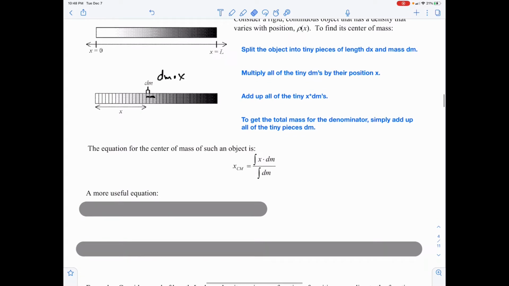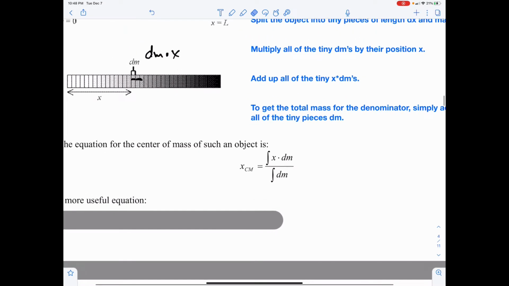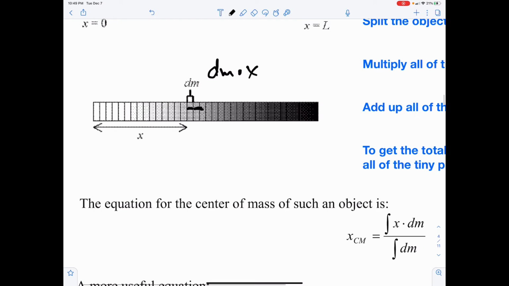And so here's what we get. The equation for this would be the integral of x dm. That would be because remember, integration is all about finding the area under something. So the area, if you look here, is length times width. dm is the width, or dm is this part right here, and x is the length.